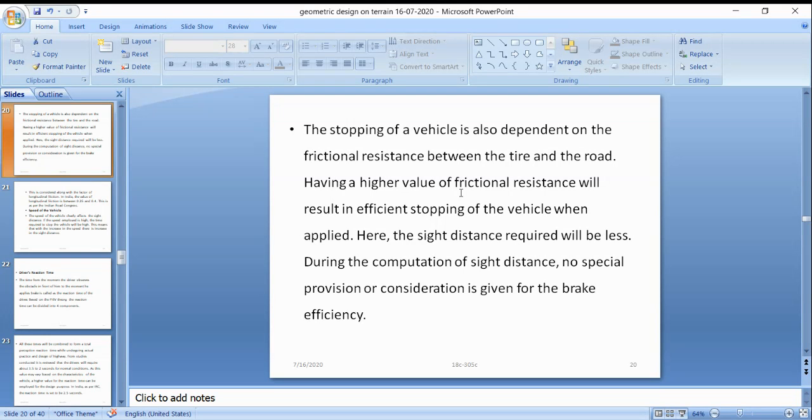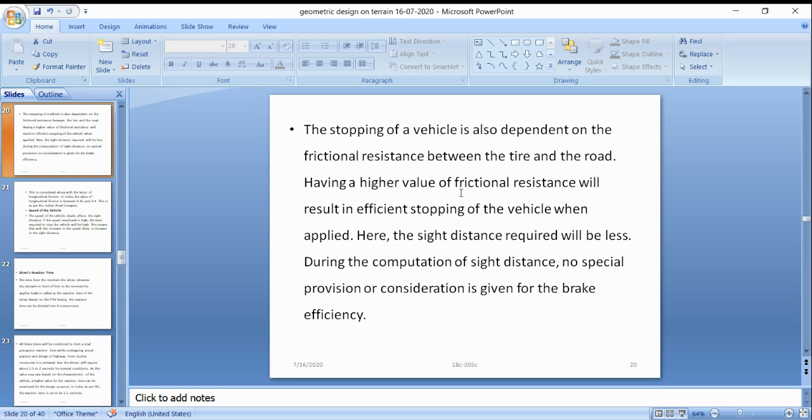Having a higher value of frictional resistance will result in efficient stopping of the vehicle. If the frictional resistance is more, then the stopping is efficient when the brake is applied.